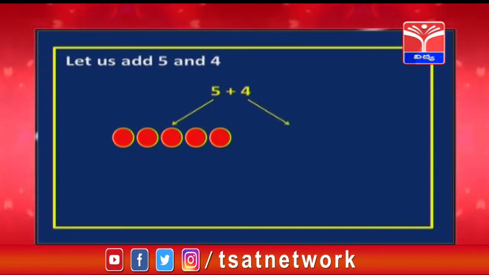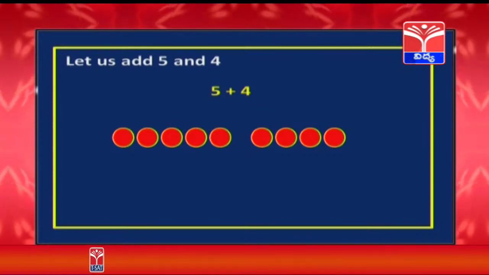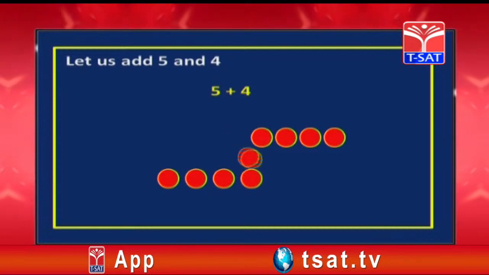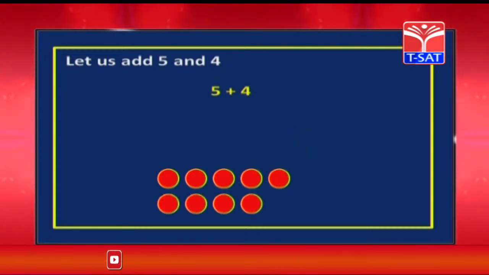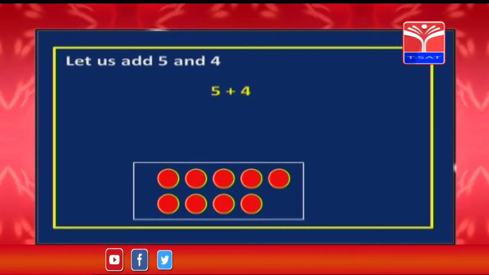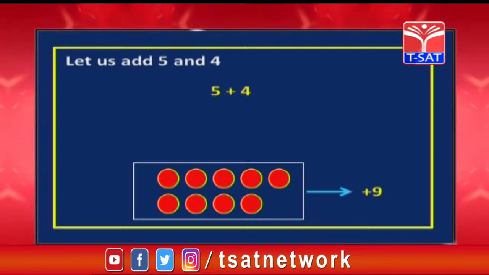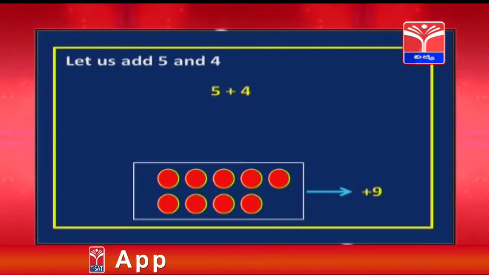Yes, we represent it as 4 red coins. Now together let us see what we are going to get. So we have taken these 5 coins and then 6, 7, 8 and 9. So altogether how many coins are there children now? That's absolutely right, we have 9 red coins which represents +9.